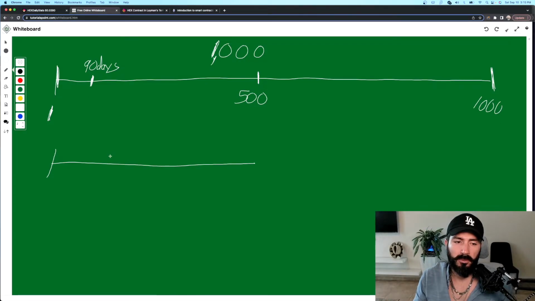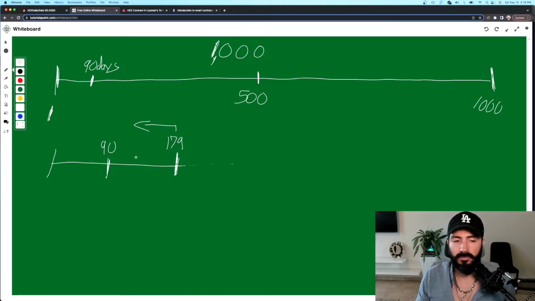Because the minimum penalty is 90 days, if you stake anything 175 days or less, then that's going to be your penalty. Always. Because if you double that, it would be 180. That's what I was trying to say. So this will be the penalty, always, if you end early.